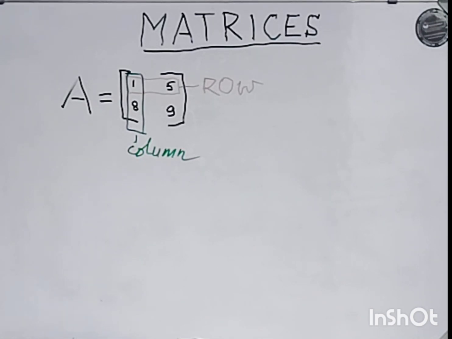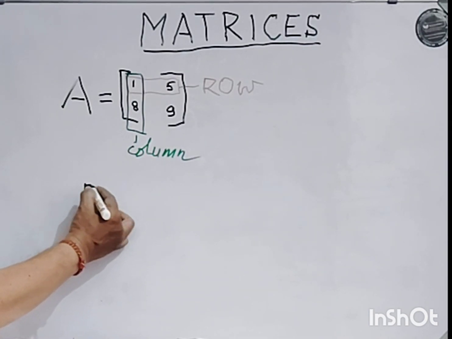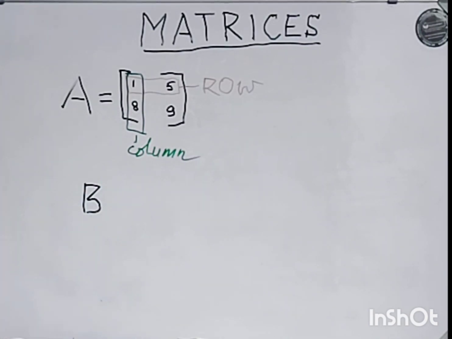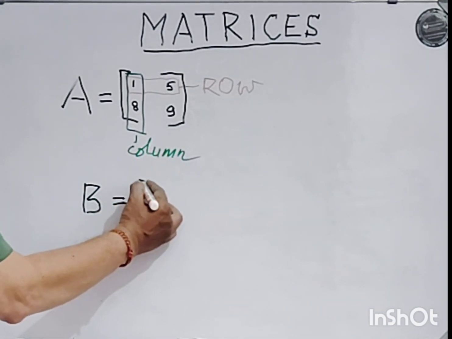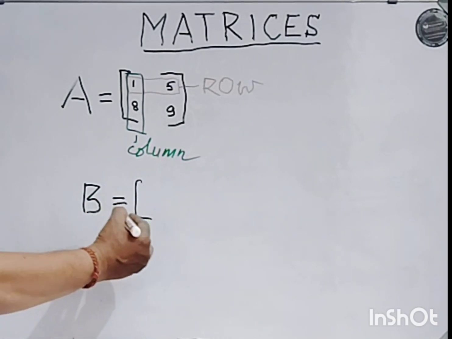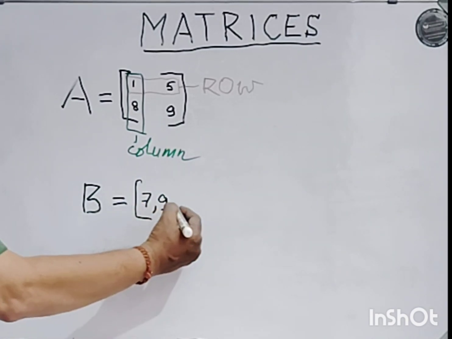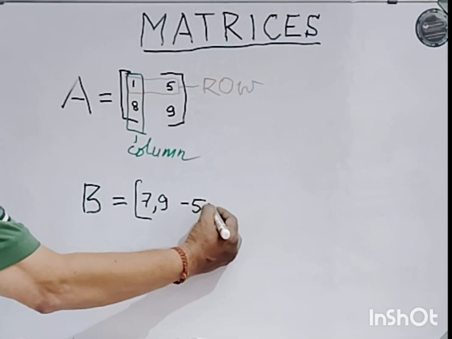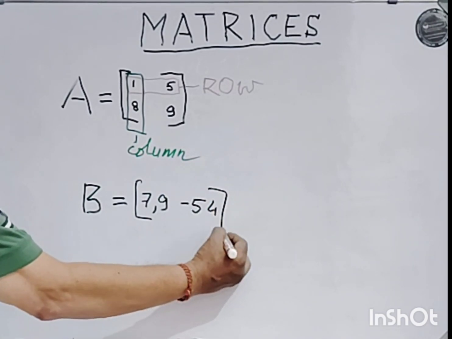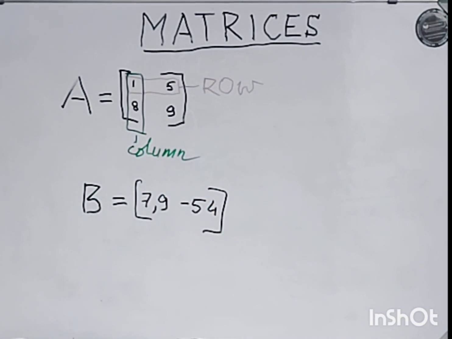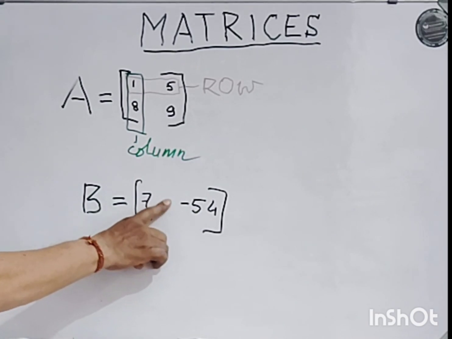Suppose B is again a matrix. It is represented by B, and if you are writing like this, or else you can do like this for better understanding.